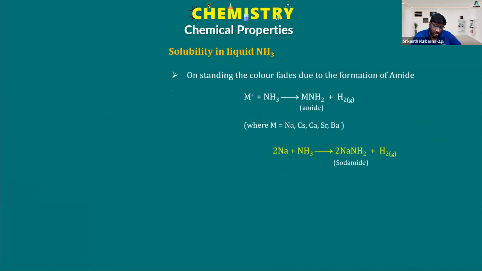On standing, the color fades due to the formation of amides. Whatever solution we have, upon long standing, the color is going to fade. Why? Because the respective amides are going to be formed. M plus NH3 will form MNH2, where M can be sodium, cesium, calcium, strontium, and barium. Na plus NH3 will form NaNH2.